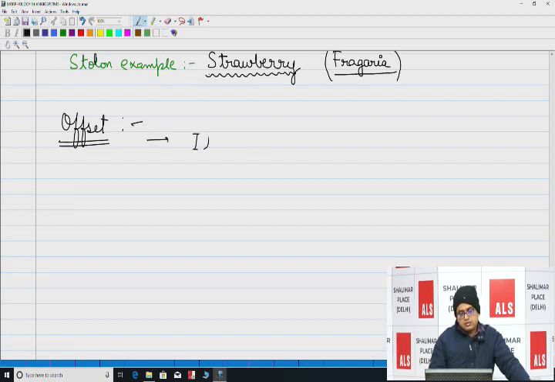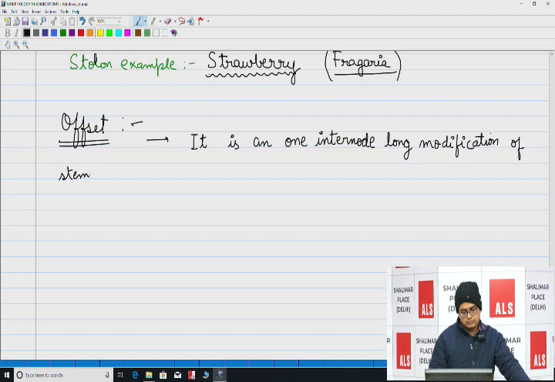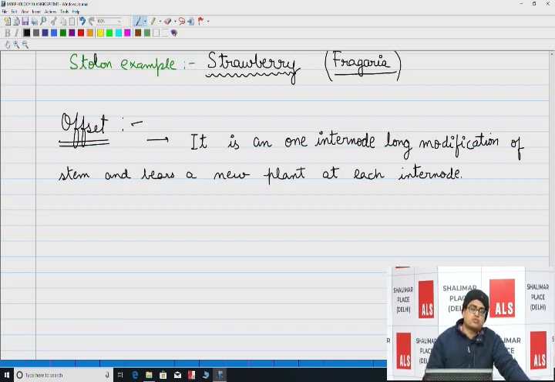It is one internode long modification of stem and bears a new plant at each internode. Because it grows so fast, proliferation is very, very fast.